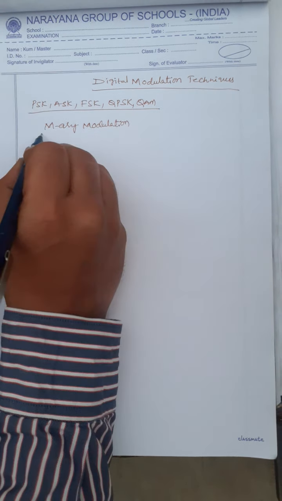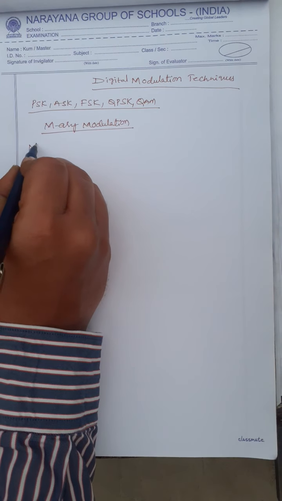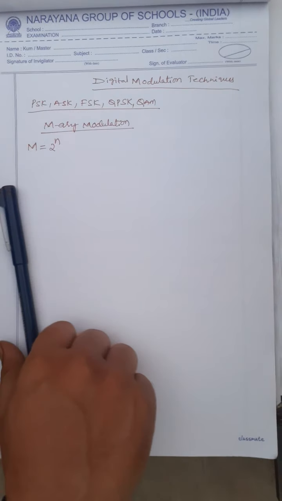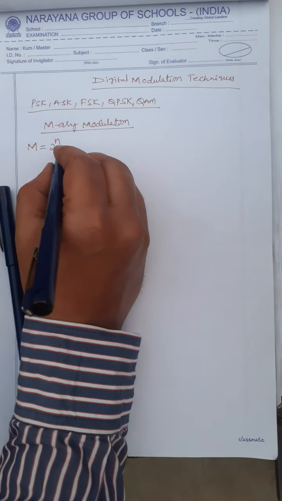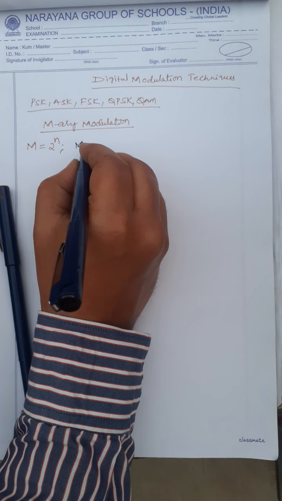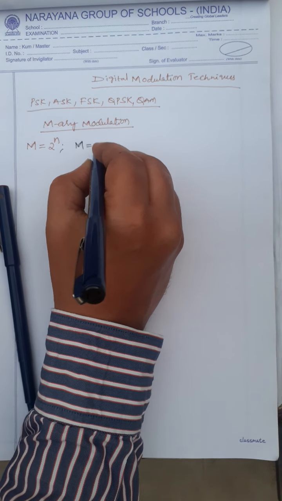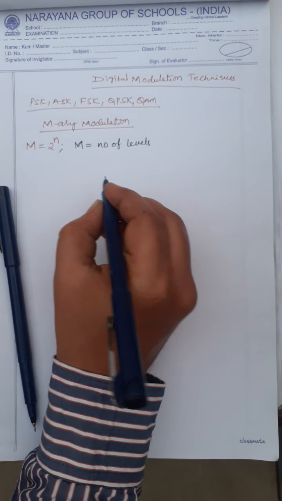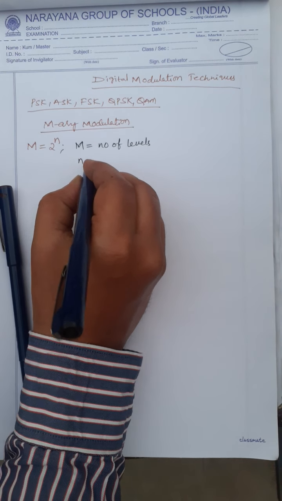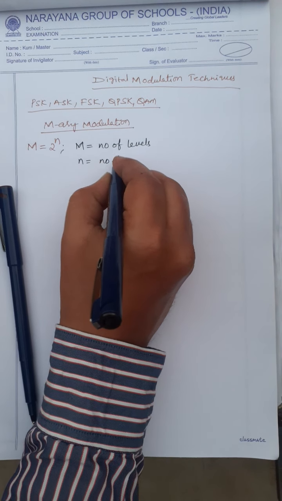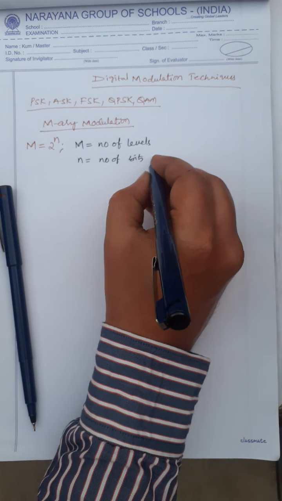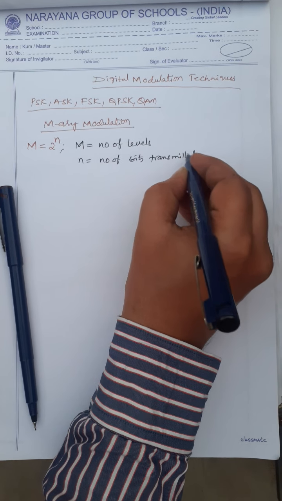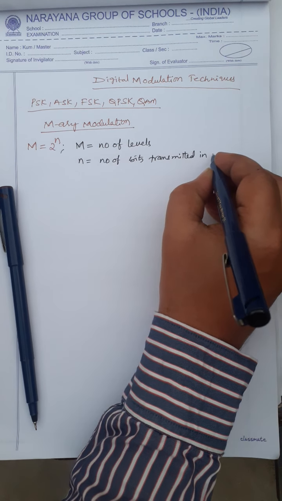In M-ary modulation, capital M is equal to 2 power n, where capital M is the number of levels, and small n is the number of bits transmitted in a single Tb duration.